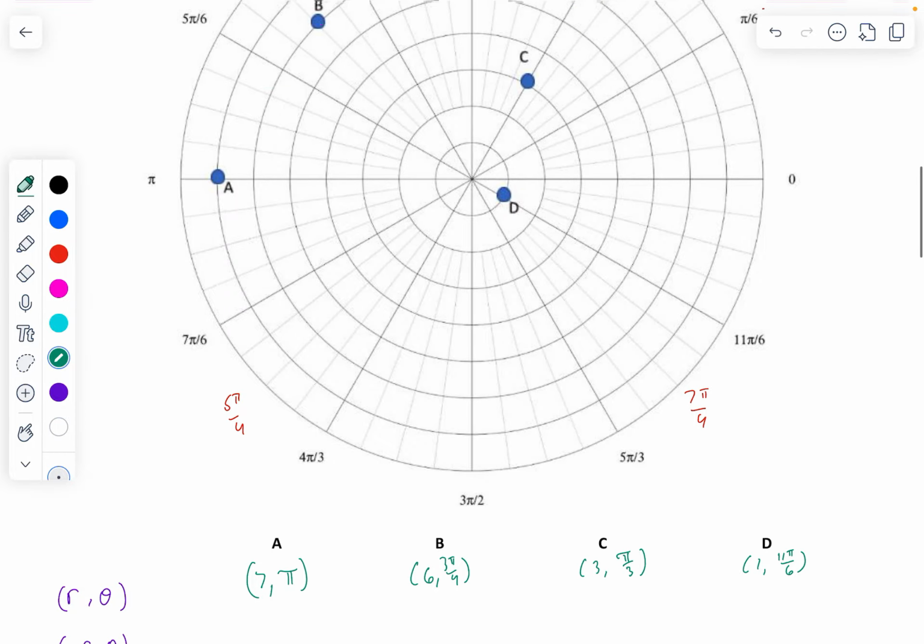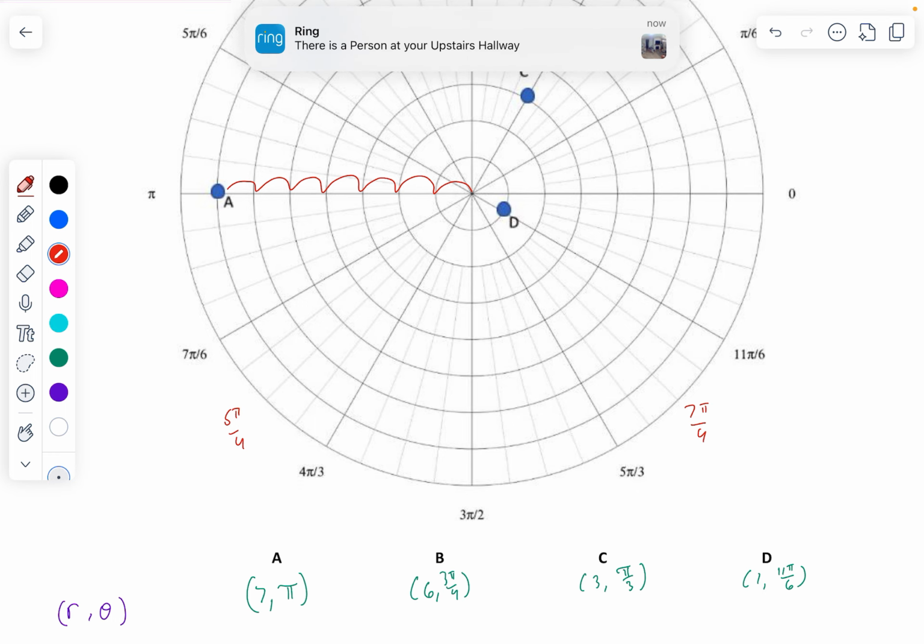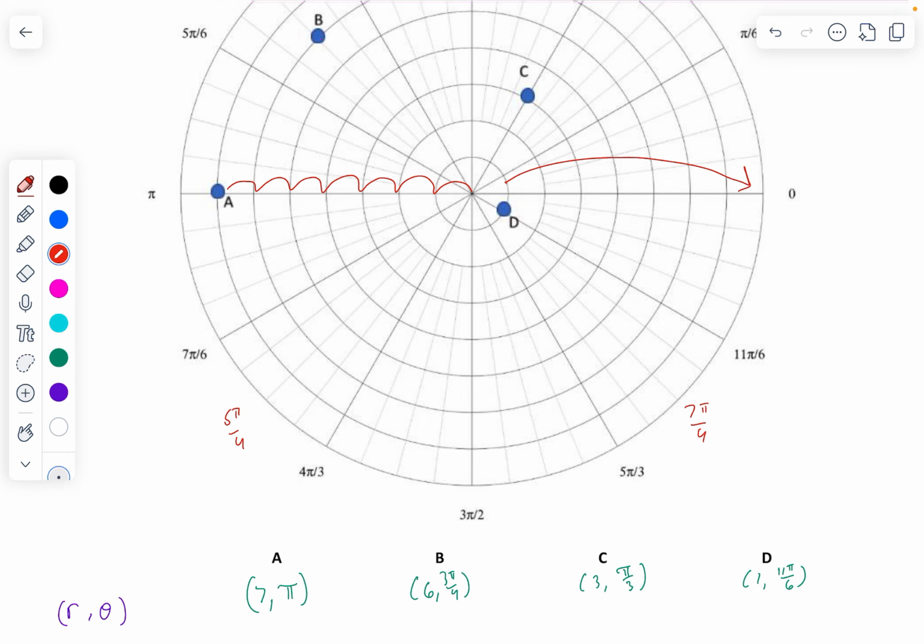So let's go ahead and start at A. Typically, if both were positive, we're moving towards the angle of pi. Well, what is the exact opposite angle? Instead of moving towards pi, we are moving away from 0.